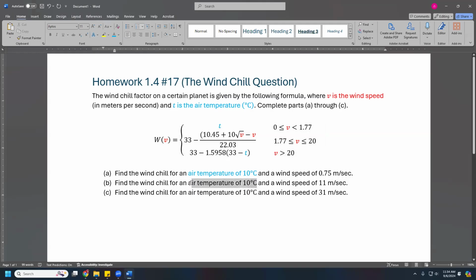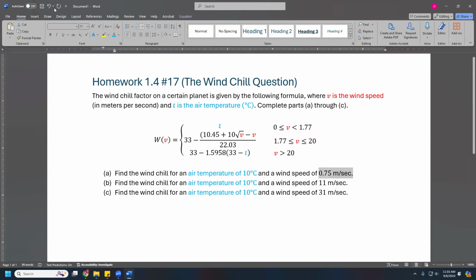They're telling me the air temperature is going to be 10 degrees Celsius, and that's true for all of the questions. So it's kind of like a dummy variable where I have a letter in here, but I'm not actually changing T at all, right? I'm changing V. V is what matters. V is the wind speed. T is just supposed to be 10, but they called it T.